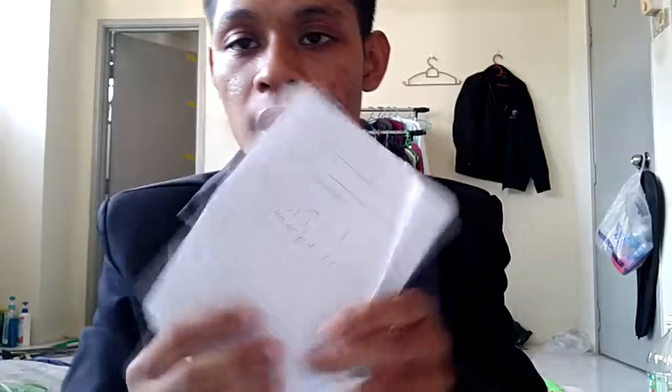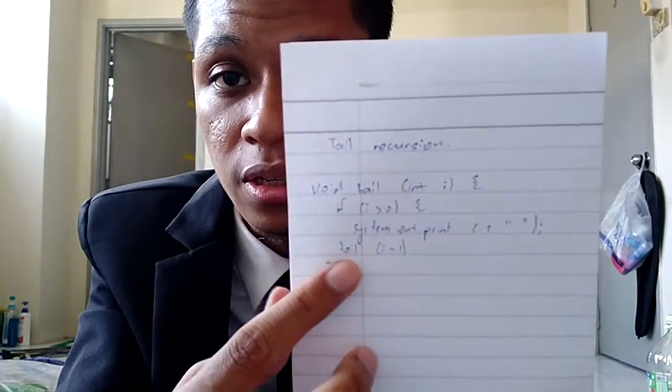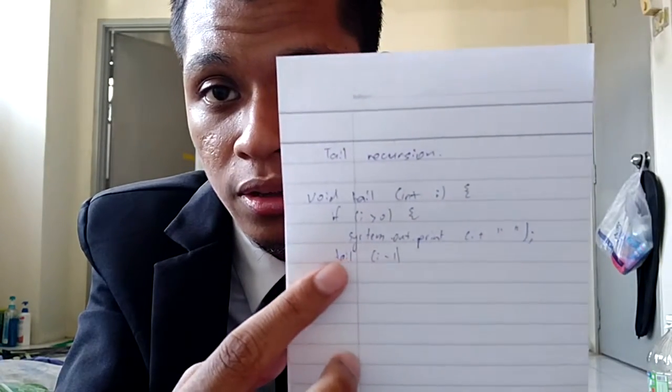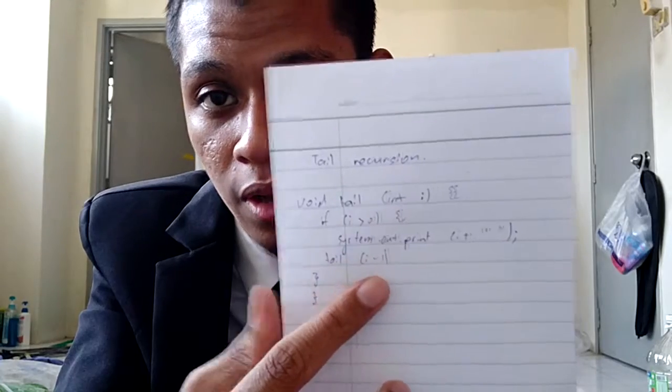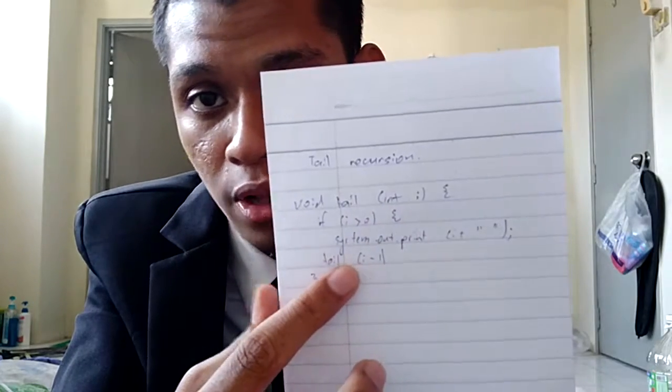Last one, we are going to talk about the tail and non-tail recursion. So the tail recursion is characterized by the use of only one recursive call at the very end of the method implementation. In this example, we can see here the tail is called at the end of the program only once.